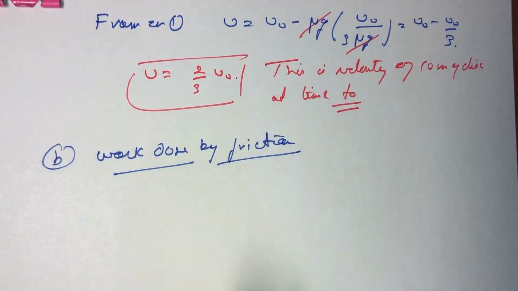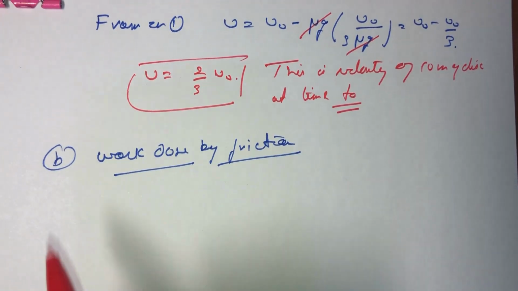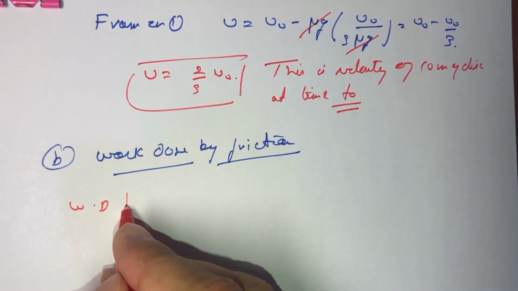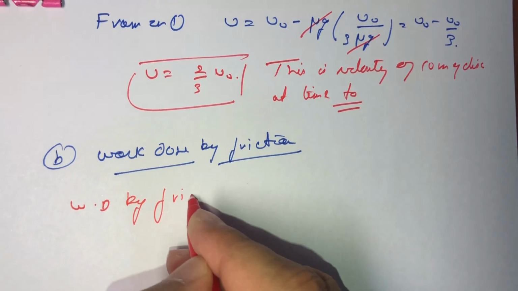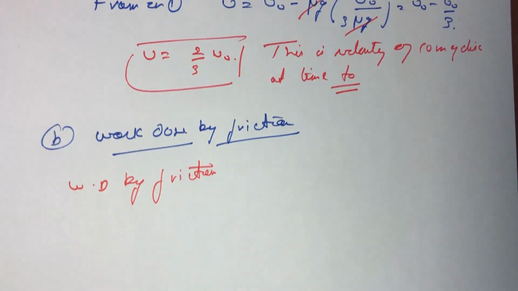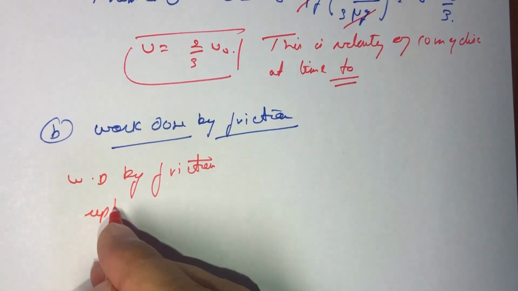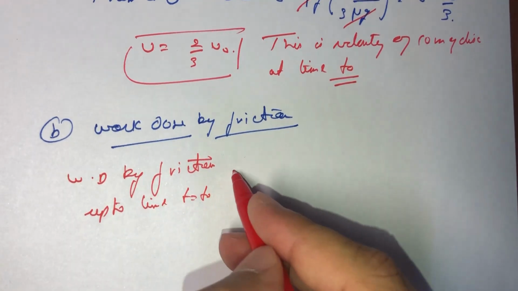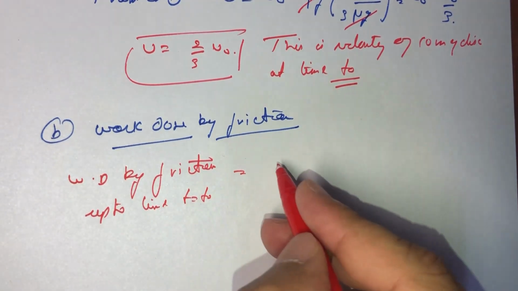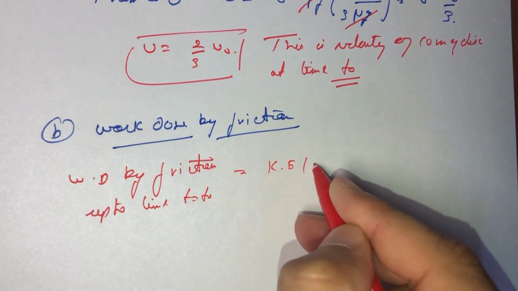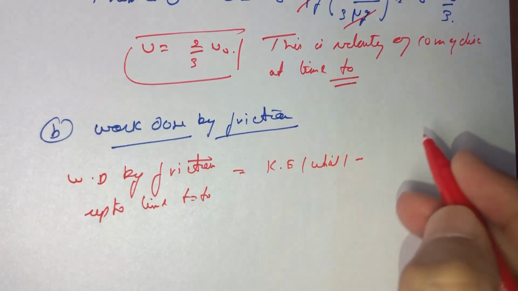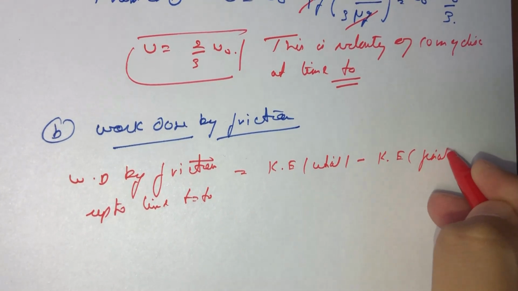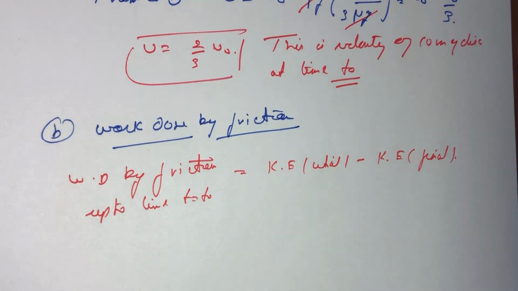Okay. So we can say that work done by friction up to time t is equal to t naught. This will be equal to kinetic energy initial minus kinetic energy final.